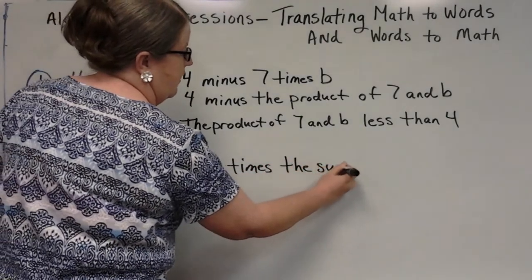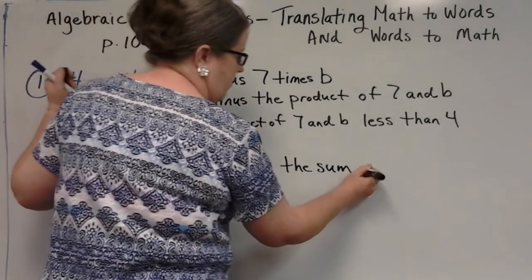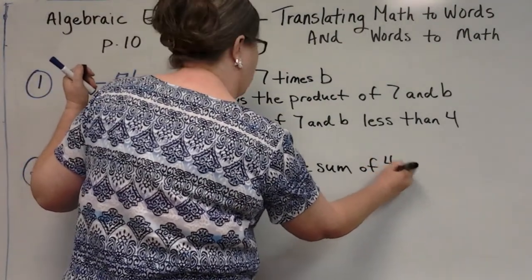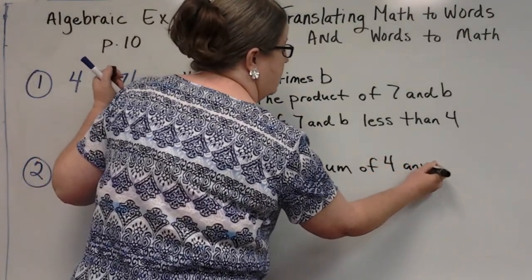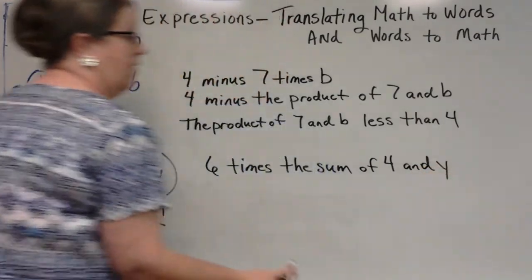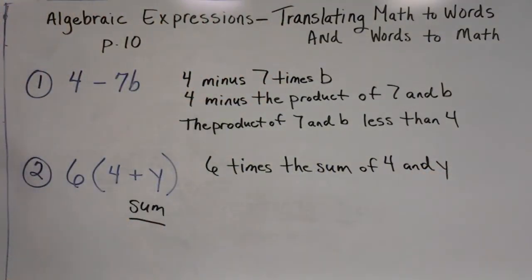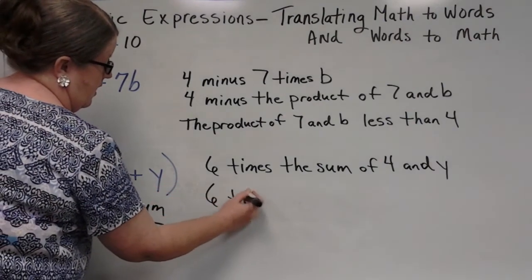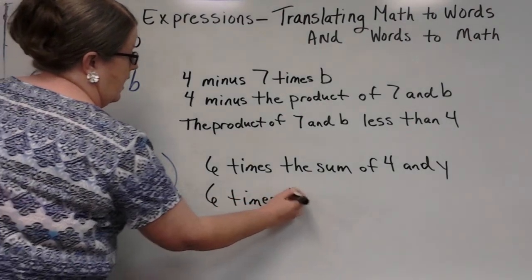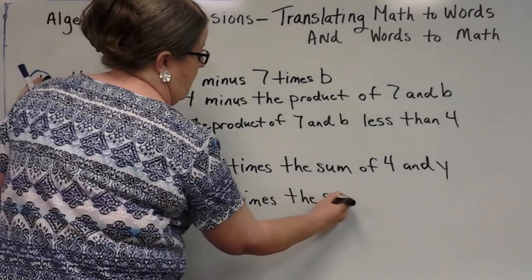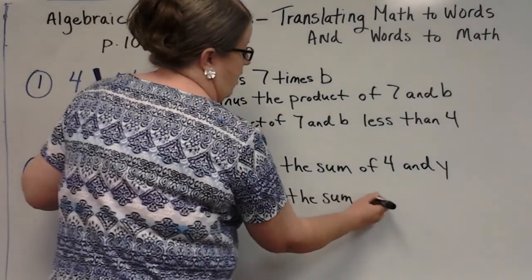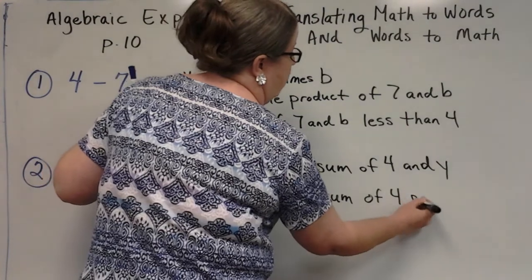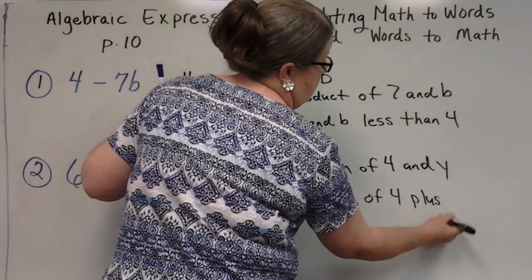It's kind of like saying the total, the sum of 4 and y. We could say 6 times the sum of 4 plus y.